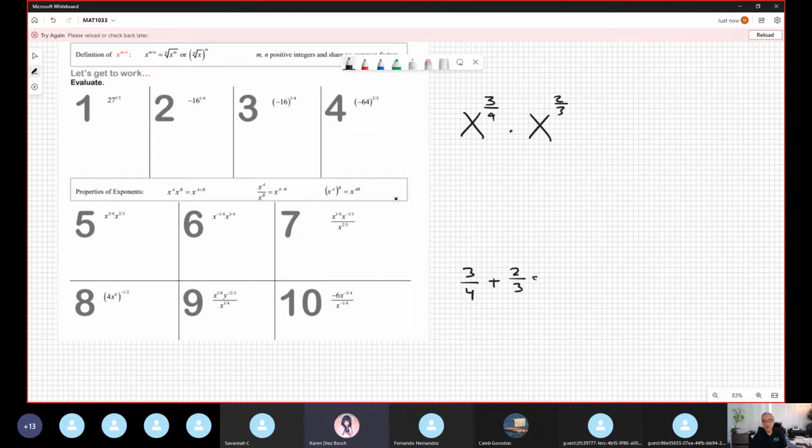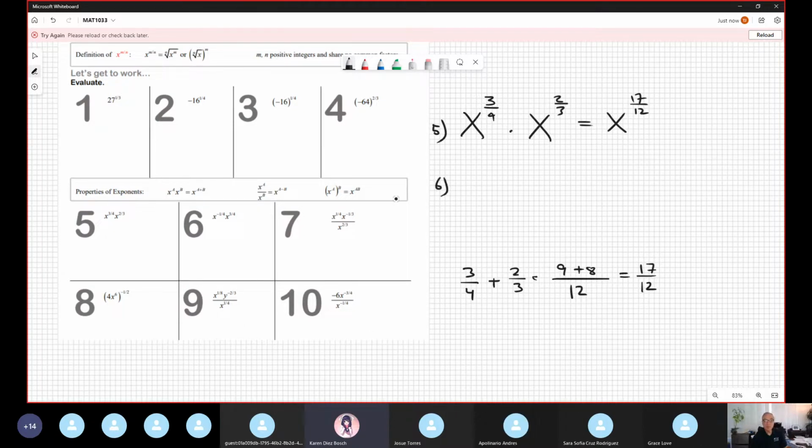As always, you find the LCD, which is 12. 12 divided by 4 is 3, 3 times 3 is 9, plus 12 divided by 3 is 4, times 2 is 8. That gives 17 over 12. The answer is x to the 17/12. Clear? The most complicated part is the addition of the fractions, but we can do it by hand or calculator, either way. That's number 5.